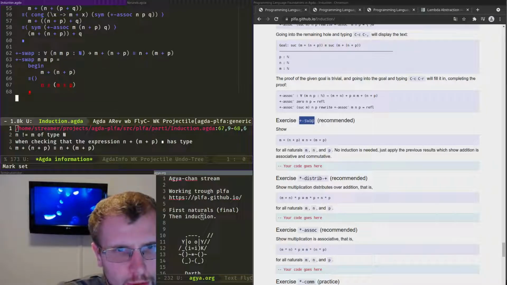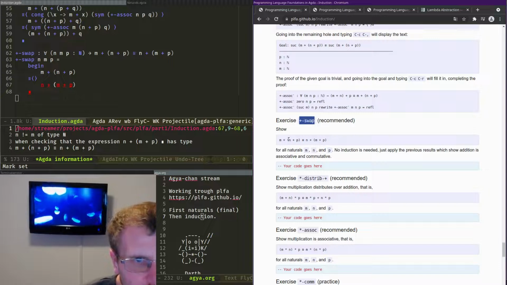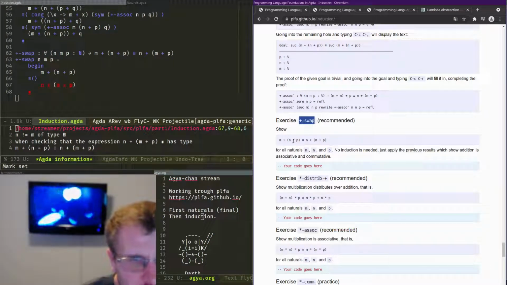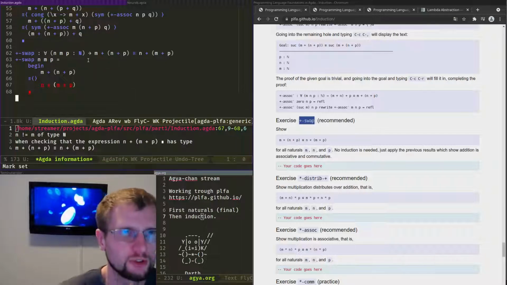So if we commute, then the N is in the right position already, and it's a bit less annoying. So the N needs to go there, and the M and the P there. So yeah, let's do commutative first.